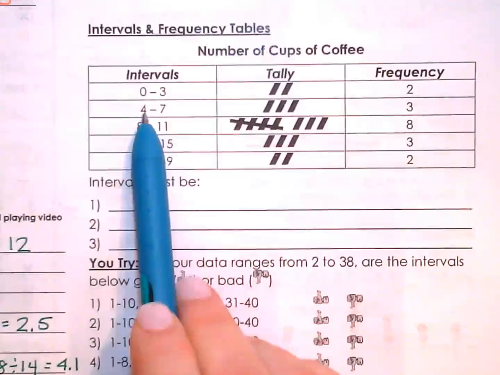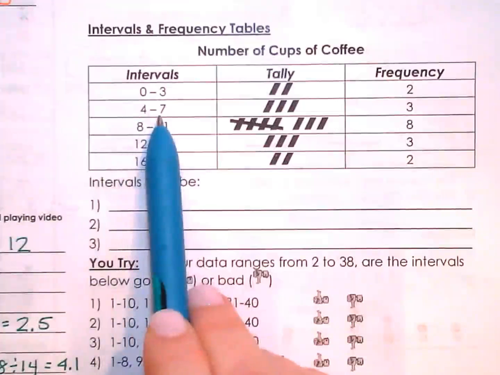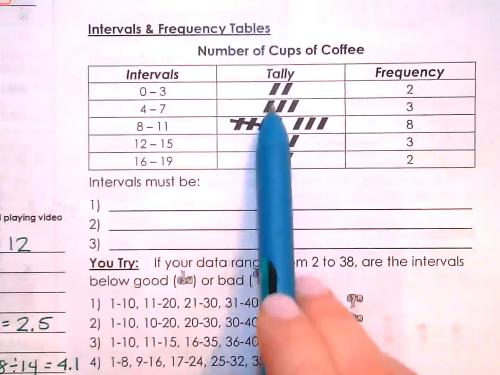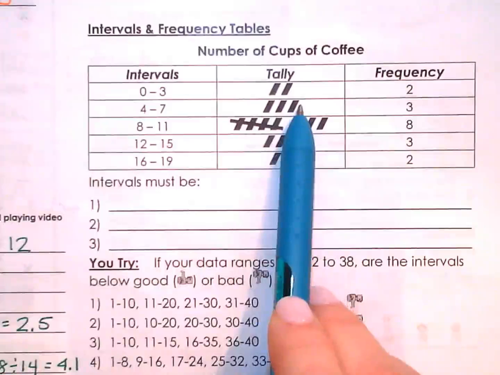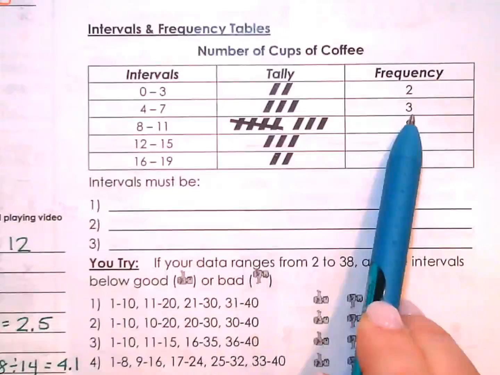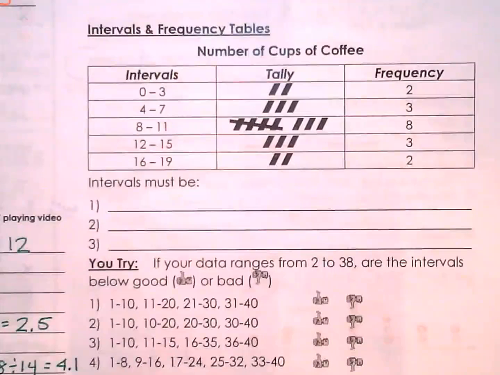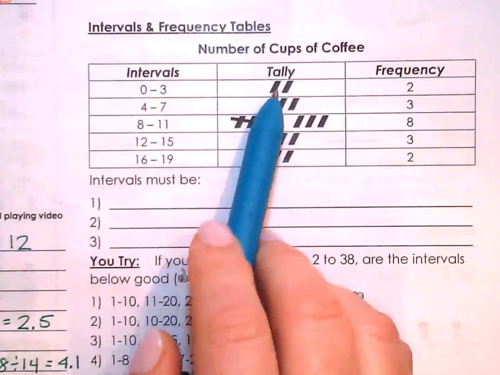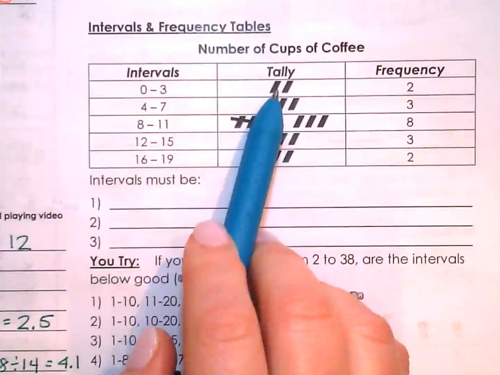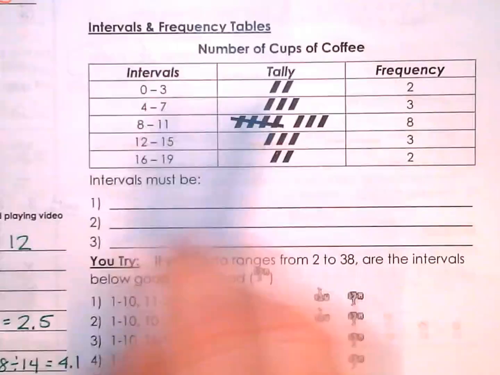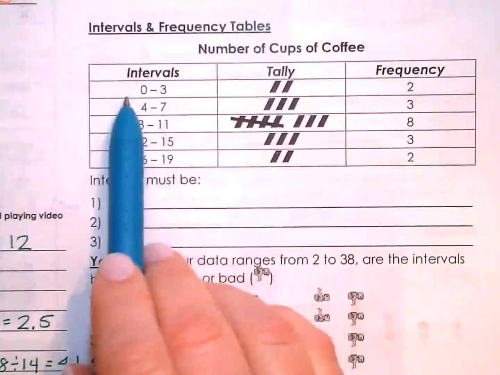The number of people who drink between 4 and 7 cups of coffee per week, there were 3 people who said they drank that much coffee in a week, and there's its frequency, etc. Notice that when we do these intervals, I can't tell you if this person drank 0, 1, 2, or 3 cups of coffee. I just know that this person drank somewhere in this range.